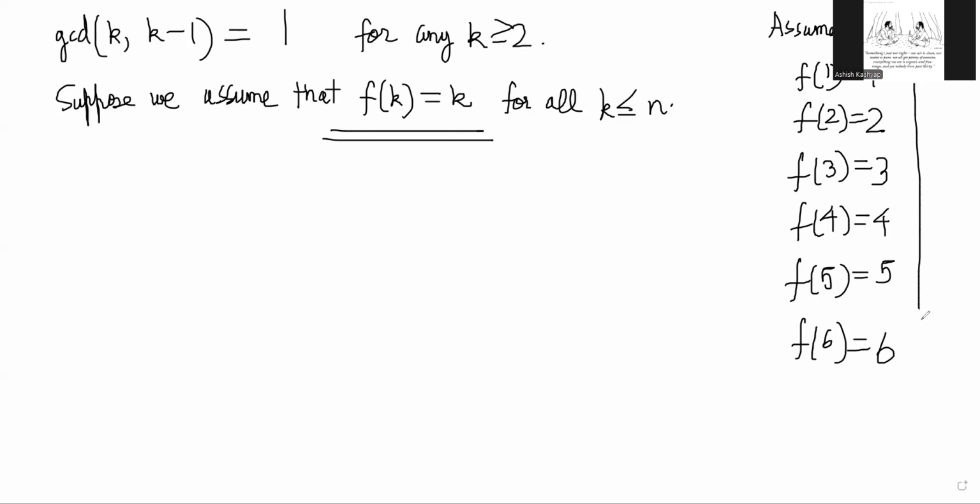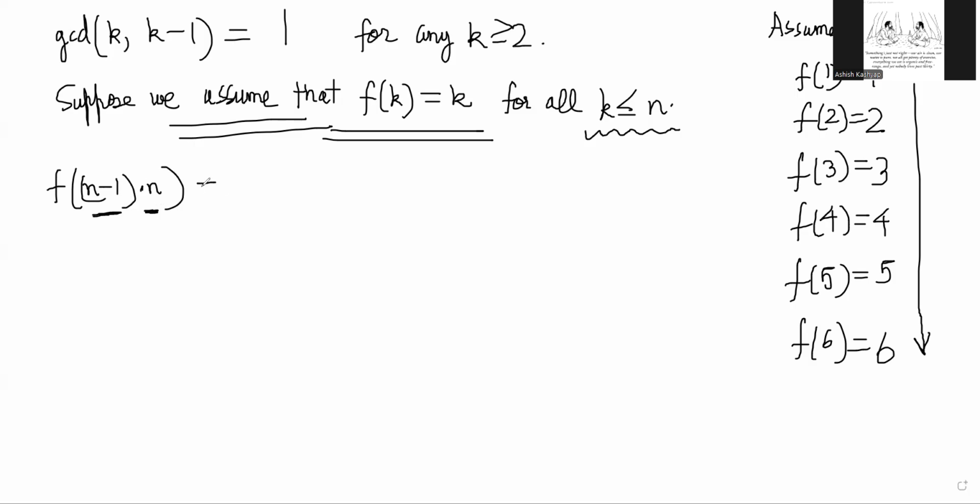So our conjecture right now is that f of n is n, and we are trying to prove that by strong induction. So we have assumed that f of k is k for all k less than or equal to n. Now, if I try f of n minus 1 times n, because these two are co-prime, I can use property 2. So this will be equal to f of n minus 1 into f of n.